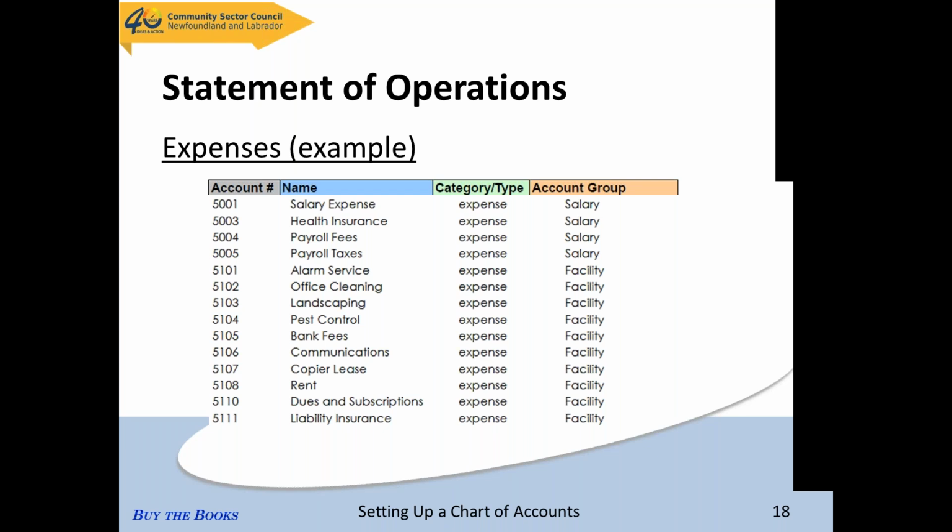So it's the organization's share of EI and CPP that they had to remit based on what their employees are remitting. And there's any number of expense accounts that could be here. Again, it is specific to the organization. Most organizations will have some amount of salaries, office expenses, those types of things. But you will tailor this to what exactly you have in your specific organization.